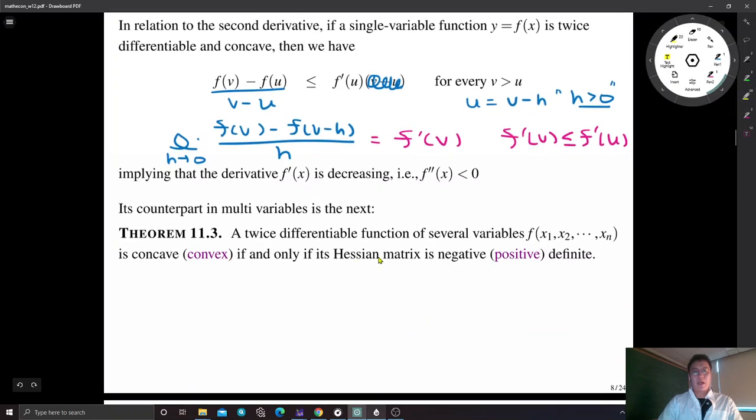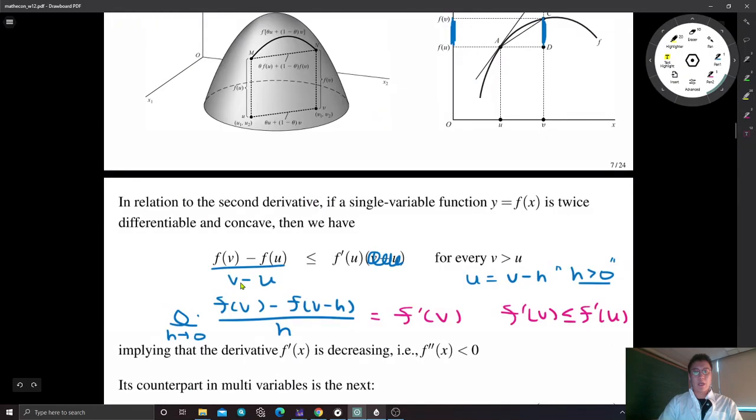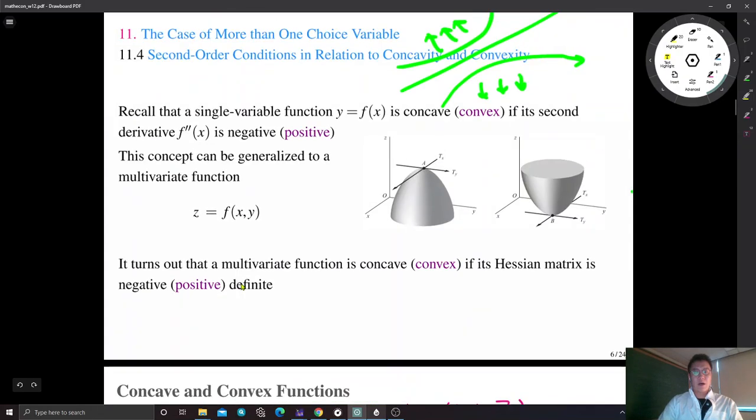If the Hessian matrix is negative definite, then the function is concave. And if the Hessian matrix is positive definite, then the function is convex. So in case of a two-variable function, if we have this kind of graph, then the Hessian matrix is going to be negative definite.